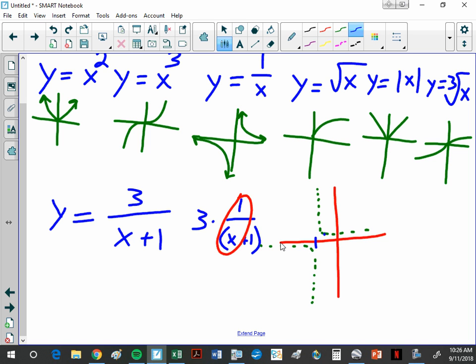So this point is going to move up to there, and this point is going to move up to there, and what we have is the same basic graph, but it stays a little bit further away. That's a terrible picture. Let's try that again. Now, instead of hugging the axis as much, it kind of goes like that. That one's hard to draw.